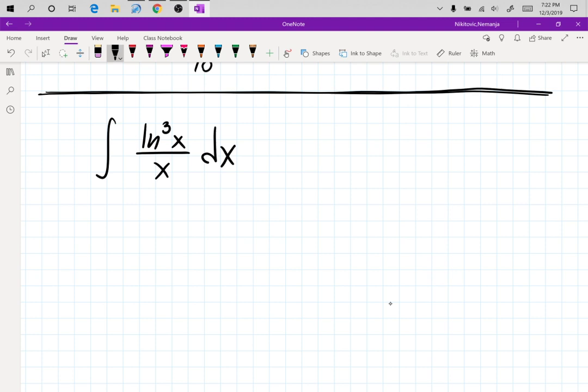See, the problem with that is that if you try to plug that in, you still have an x. So that's why I think u has to be ln x, and du needs to be 1 over x dx.